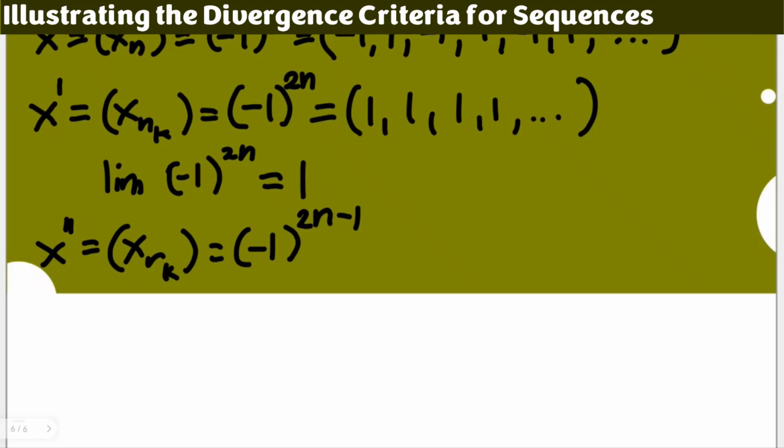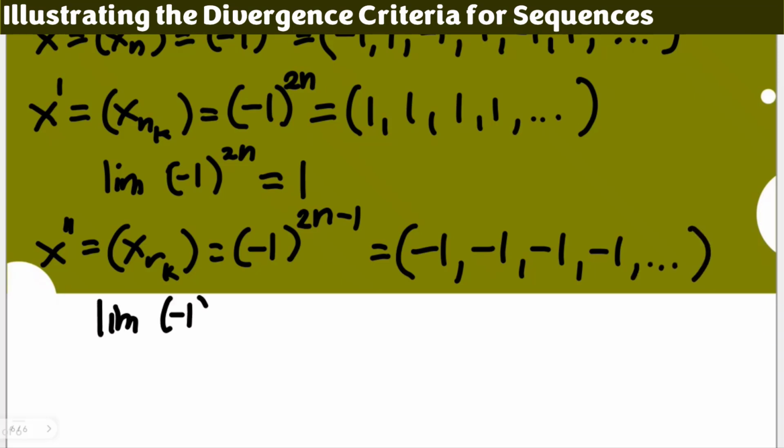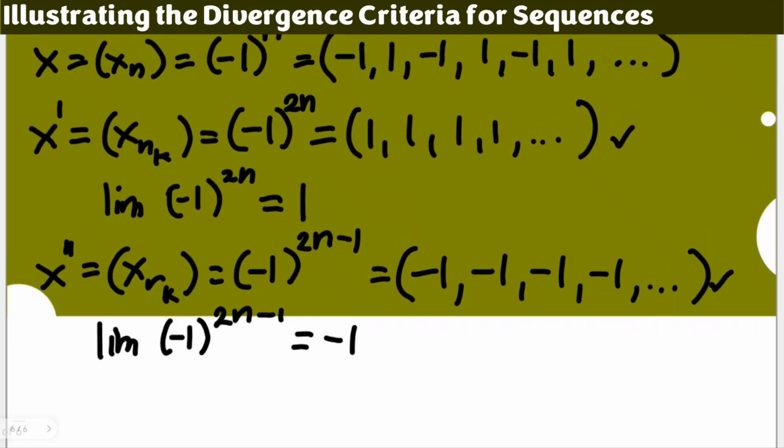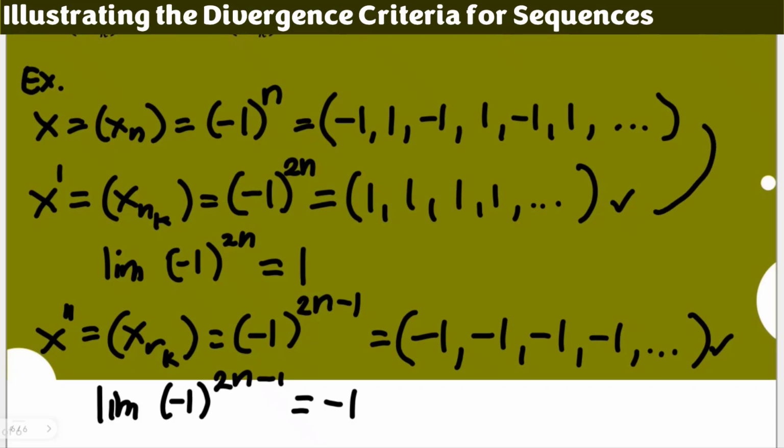Its terms: when n is 1, 2 times 1 is 2, minus 1, that's 1, so -1. When n is 2, 4 minus 1 is 3. I'm talking about the exponent, so it's negative as well. Negative, negative, and so on. Again, it's a constant sequence, so its limit is -1.